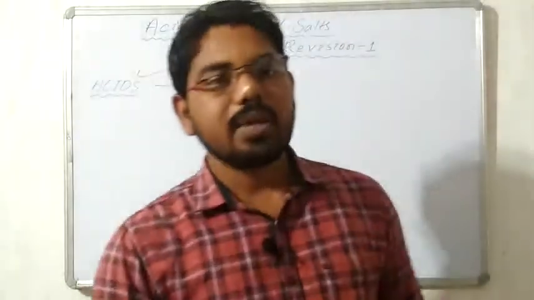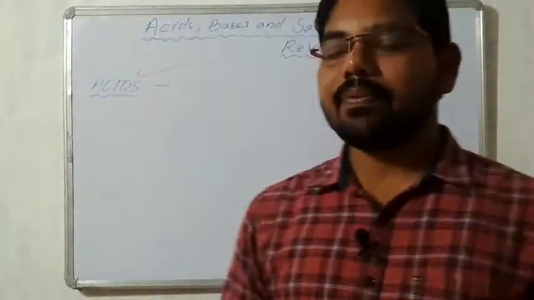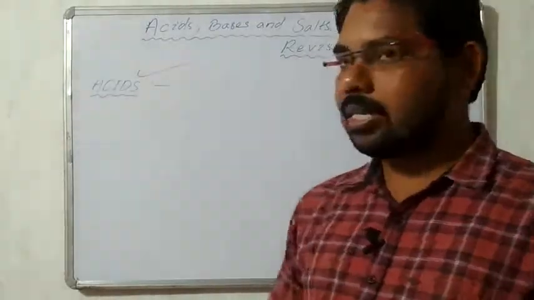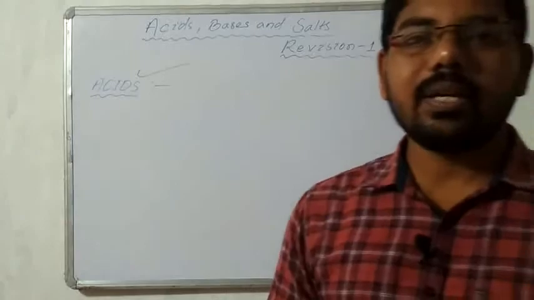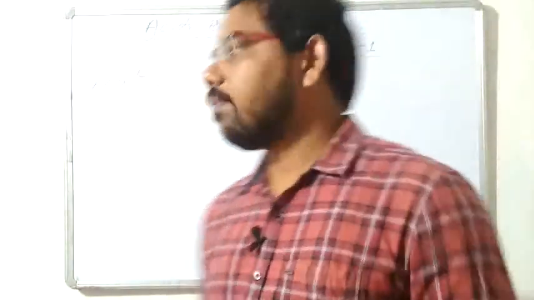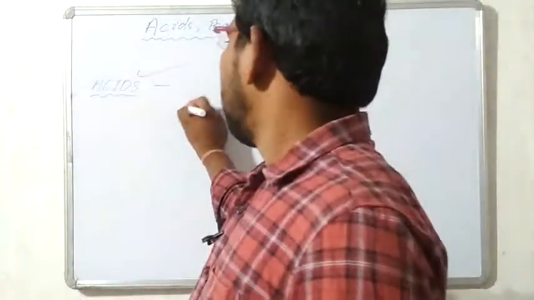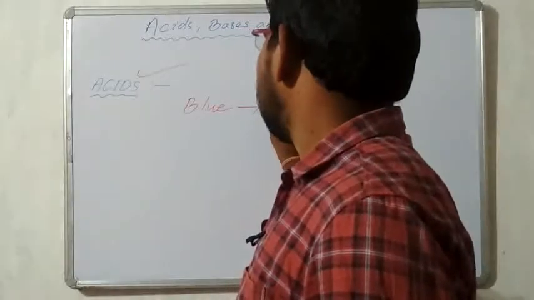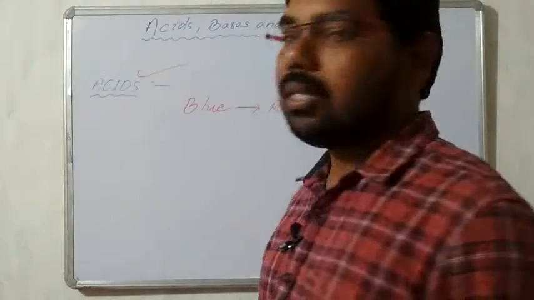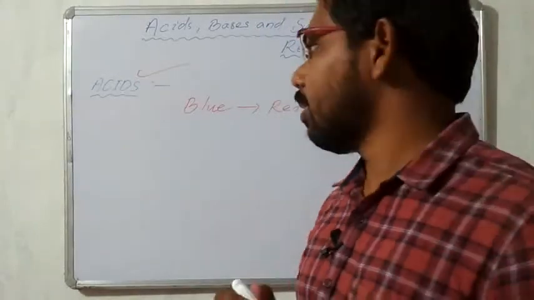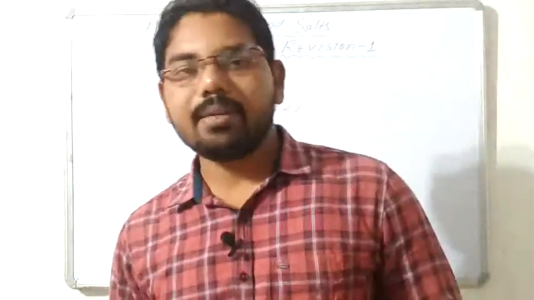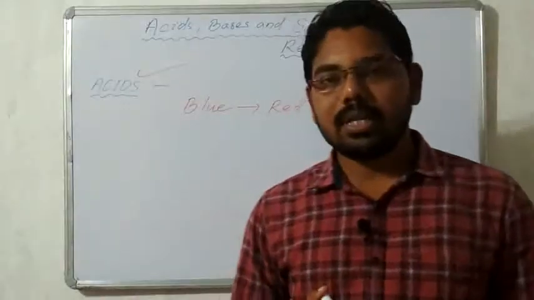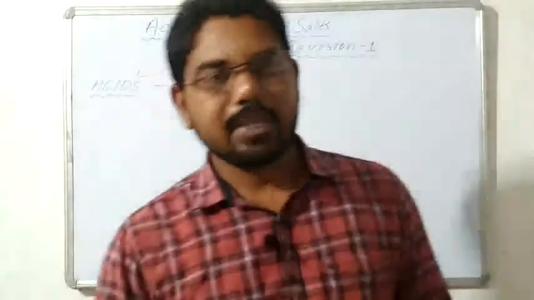So how do we identify acids? First, physically, acids change blue litmus to red in color. Litmus is an indicator, one type of indicator. It helps to identify whether a solution is acidic or basic in nature.